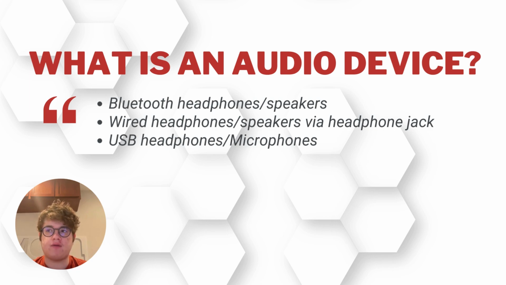I can have a Bluetooth speaker connected and a pair of wired headphones connected. Each is its own separate audio device, and I can select which device I would like to use to play my audio through. So if I want to play music out of my Bluetooth speaker and not out of my headphones, I can select that and vice versa.